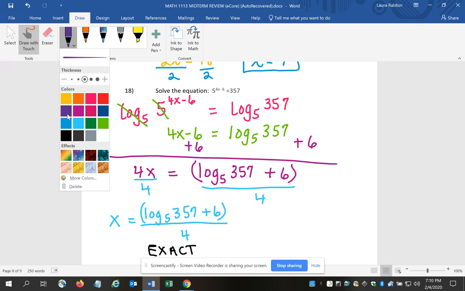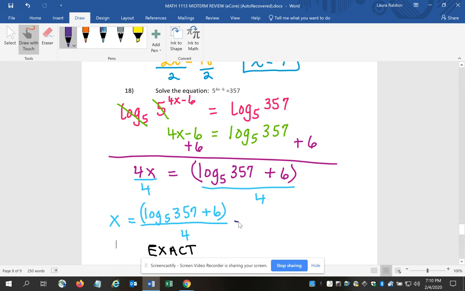So log base 5 of 357 gives me 3.65. Okay, so this is going to be 3.65204 plus 6. And then that's going to be divided by 4.